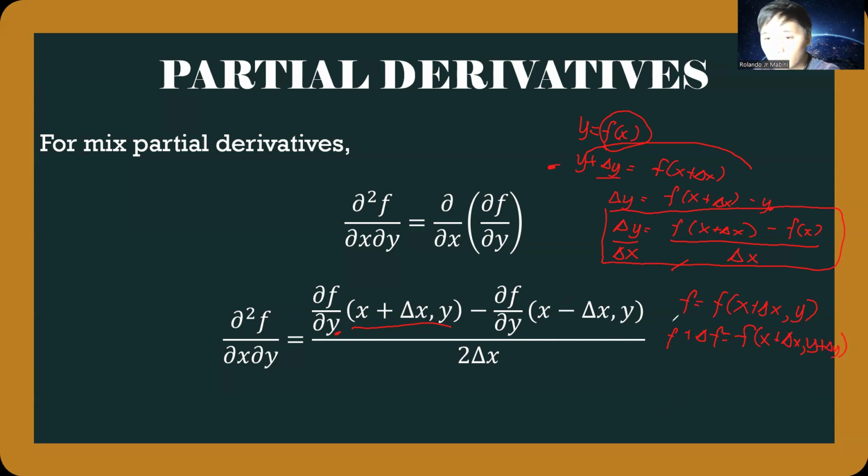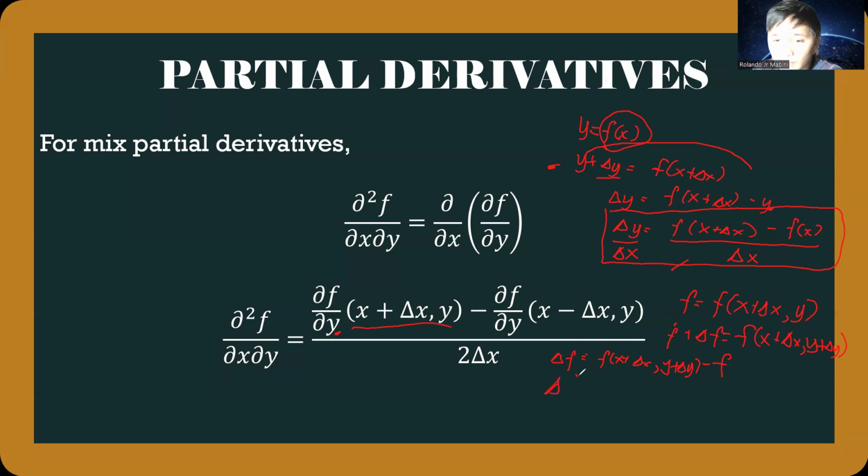And the same principle, this function f must be transposed to the right side. So our equation now will become delta f is equal to the function of x plus delta x, and then y plus delta y, minus f, since we again transpose the f here.